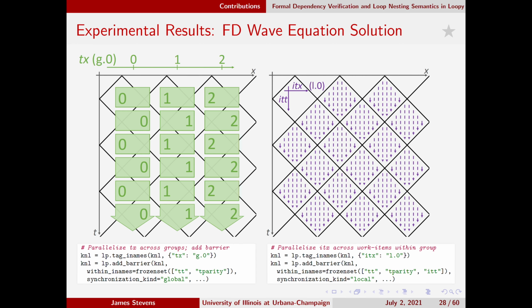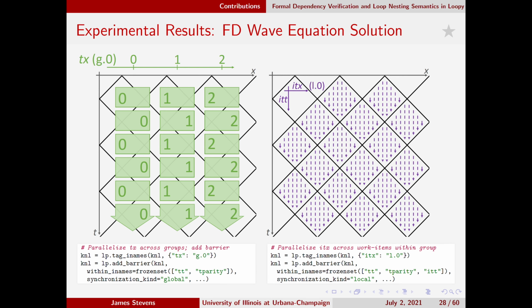So up to this point, these loops are still all sequential. These two transformations create two levels of parallelism so that each tile in one row is executed independently by a separate group. And then within each tile, iterations of the itx loop are parallelized across threads within a group.